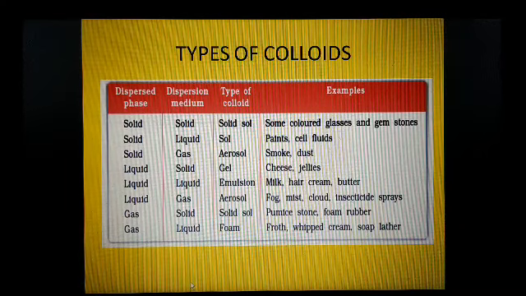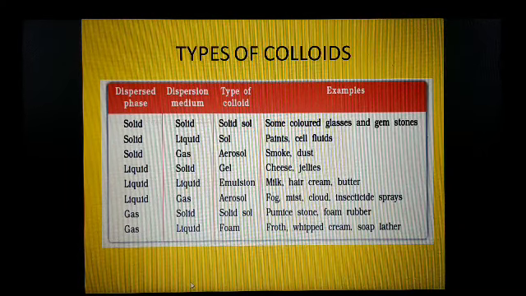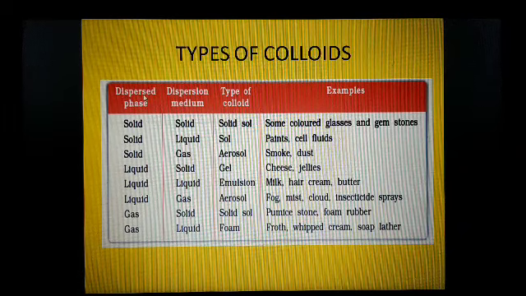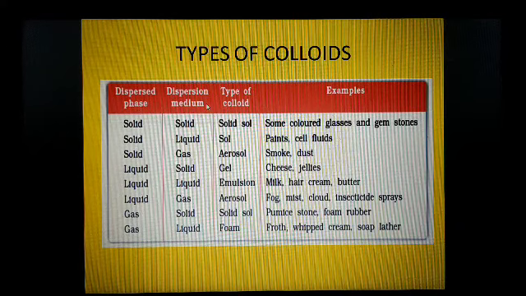Now, these are the different types of colloids. First of all, you should be aware of these two terms, dispersed phase and dispersion medium. The dispersed phase is the solute component of a colloid, whereas the dispersion medium is the solvent component of a colloid.